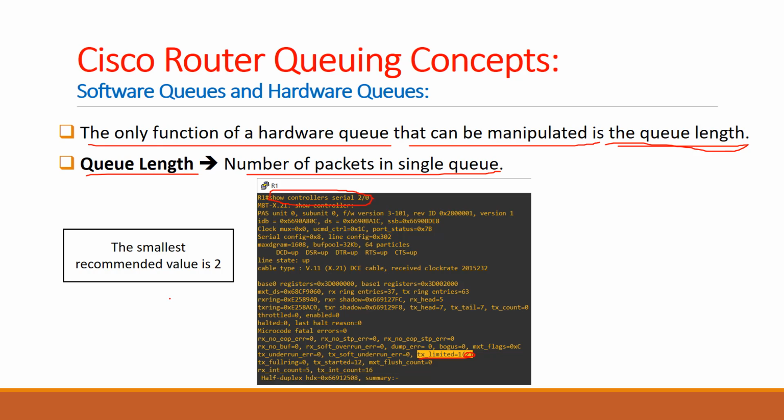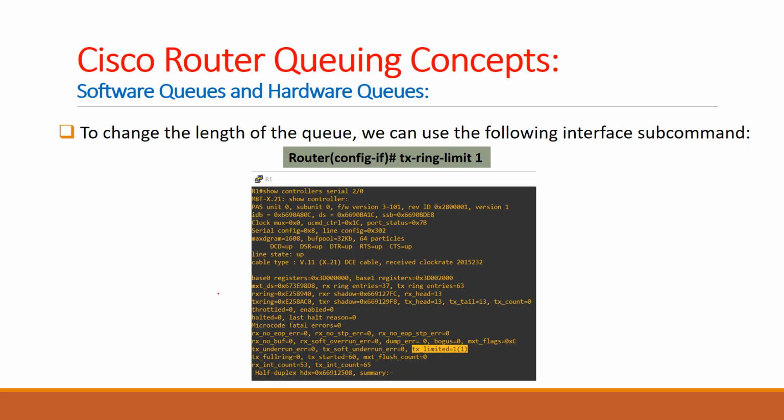The smallest recommended value is 2. If you want to change this value, you can use the following interface subcommand: router config-if tx-ring-limit. We decreased it to 1, which is not recommended, but for example, here you can see it is changed to 1.